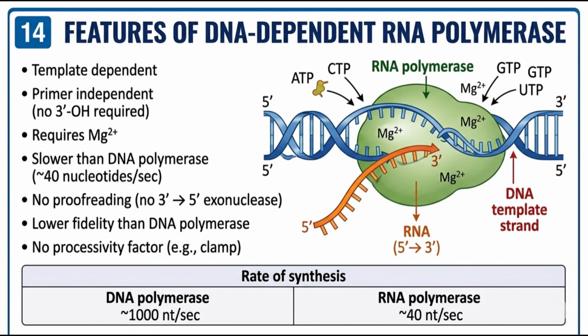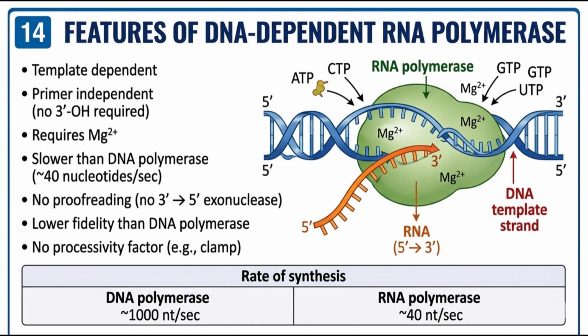Features of DNA-dependent RNA polymerase. DNA-dependent RNA polymerase possesses several important characteristics. It is template-dependent and synthesizes RNA complementary to DNA. It does not require a primer for initiation. Mg2+ ions are essential for catalytic activity. RNA polymerase is slower than DNA polymerase.